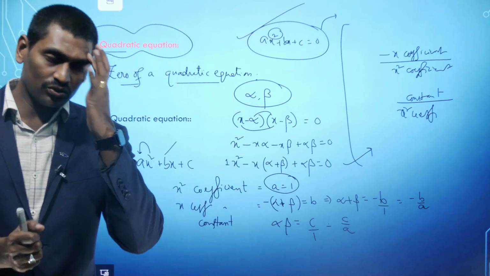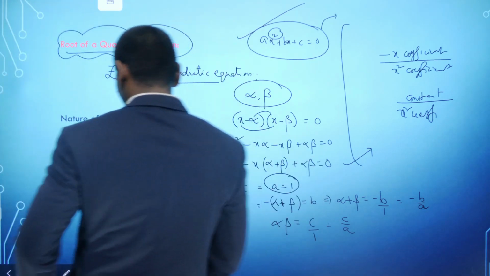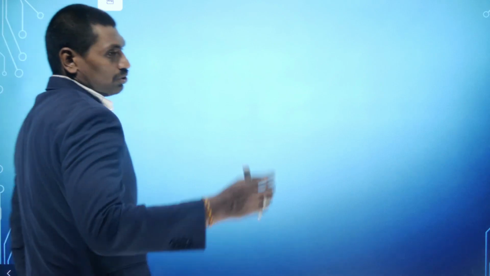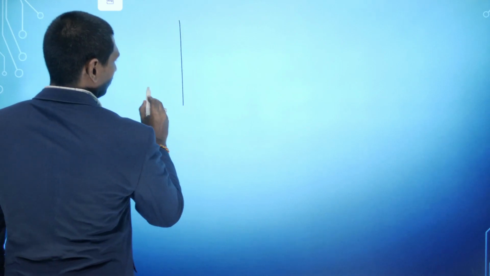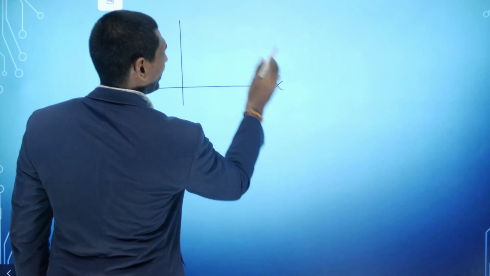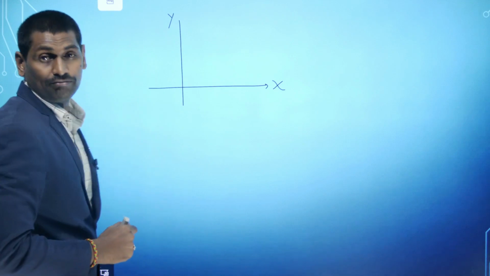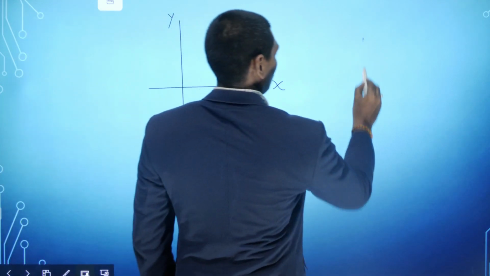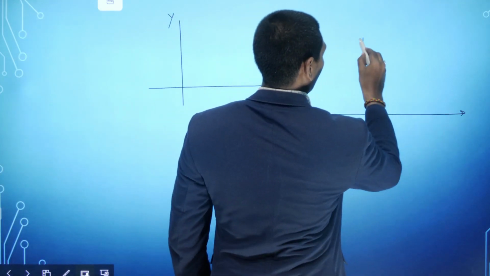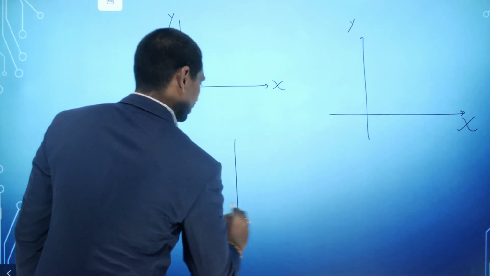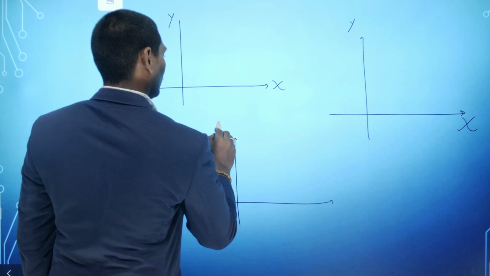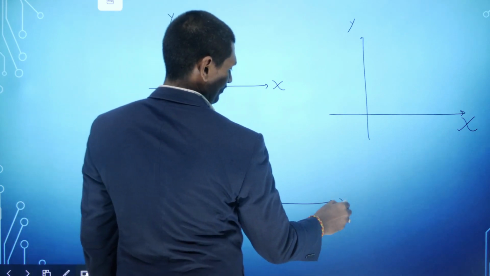Now let us try to discuss the nature of the roots. We have discussed the shape of a parabola. Let me try to draw the shape of a parabola by using the coordinate axes, x-axis and y-axis. Here also I am taking the coordinate axes x and y, and here also I am taking the coordinate axes x and y.